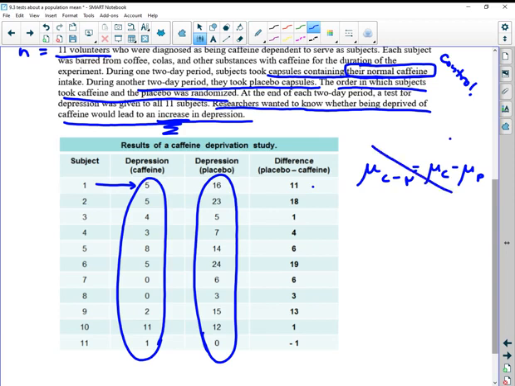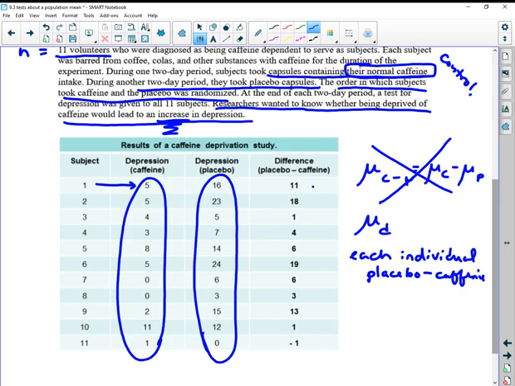That would be the wrong way to look at this information. Instead, you want to be taking the mu, you want it to be the difference. So for each individual, you need to find their value of placebo minus caffeine, and we need to find out what that is.